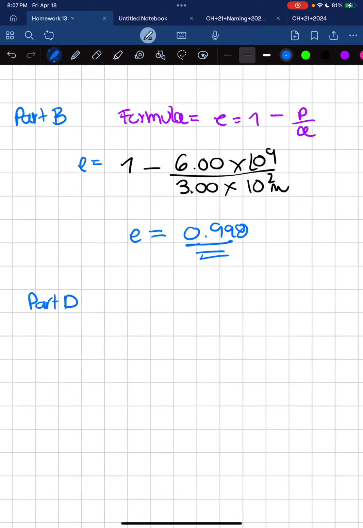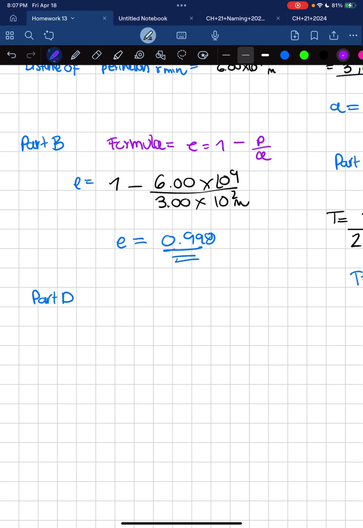We can use the same formula that we were using before, but it's going to be changed a little bit because what we want to find is the semi-major axis in this case. So let's solve for that.